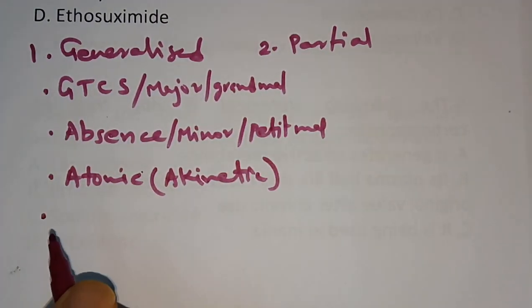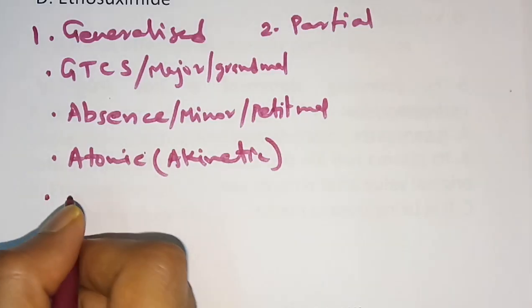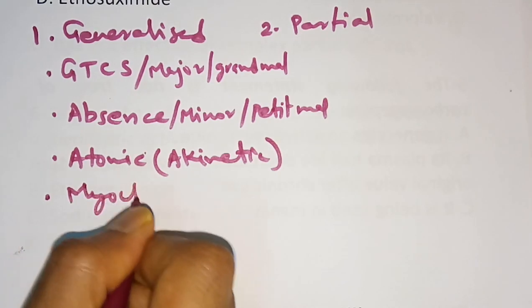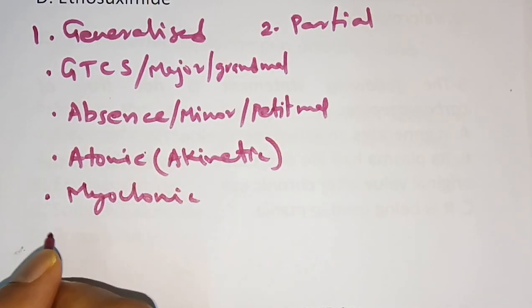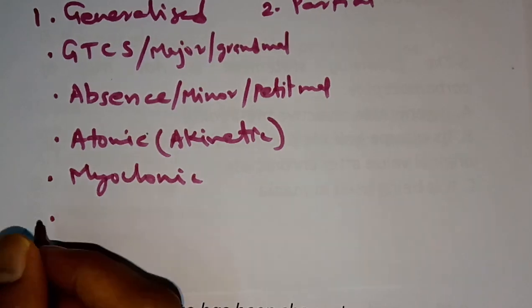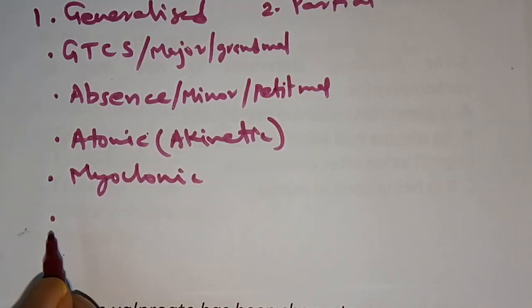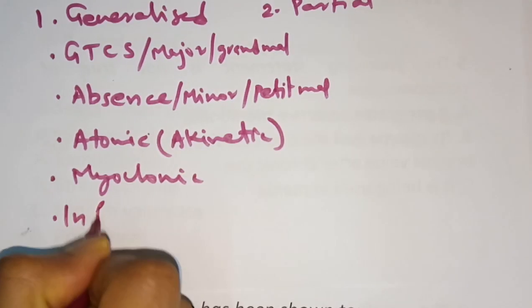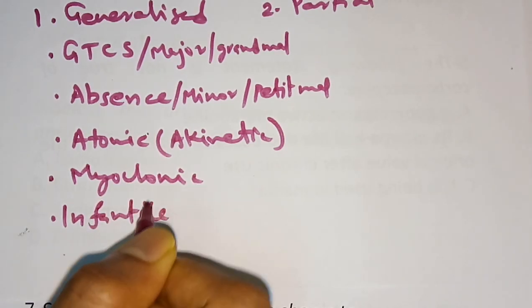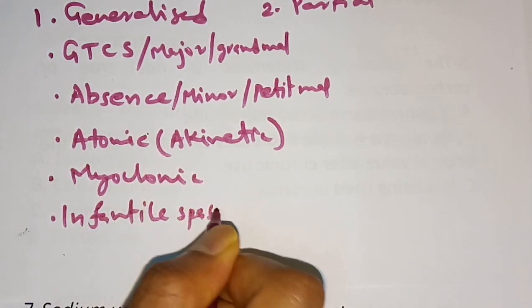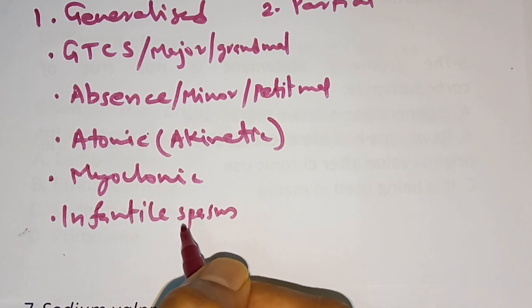The fourth one, myoclonic seizure, and the fifth one of generalized seizure is infantile spasm. Why I am saying this is, normally it will come in the question paper.